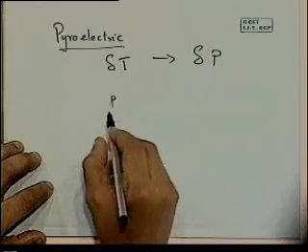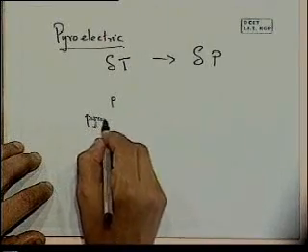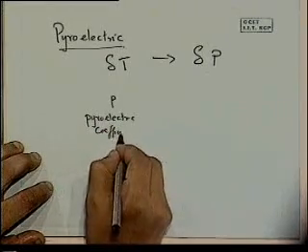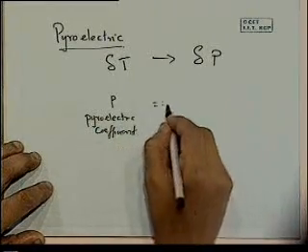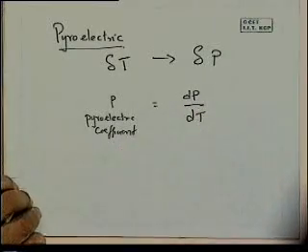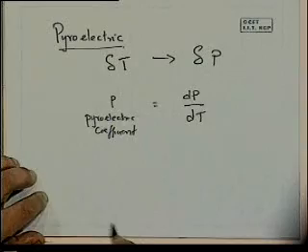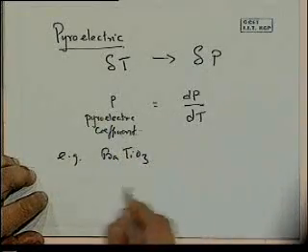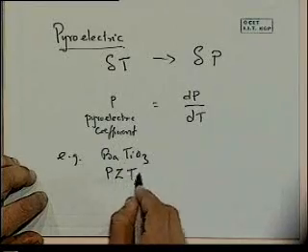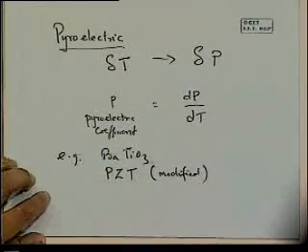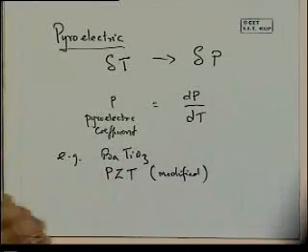And we have the pyroelectric coefficient, which is equal to dP by dT, the change in polarization for the slightest change in temperature. Examples of these are again barium titanate, which I just gave you the picture, or PZT, which has been modified in some way to demonstrate this effect, lead zirconium titanate itself.